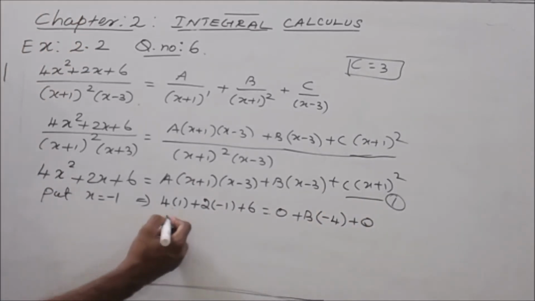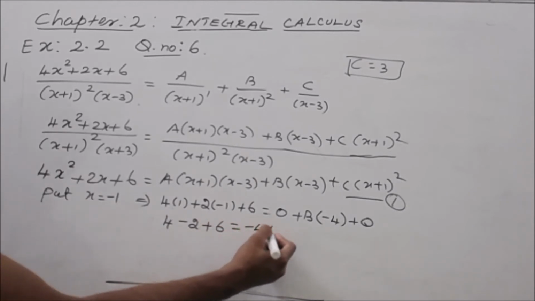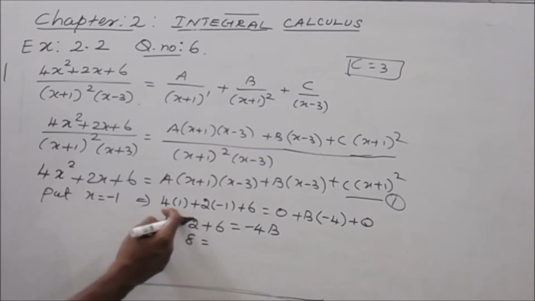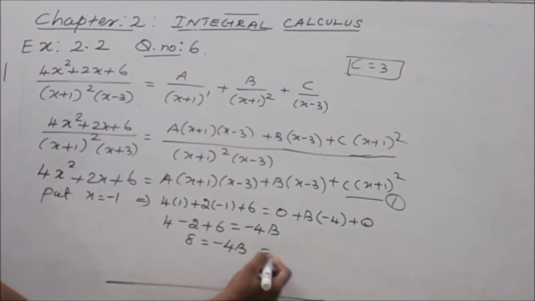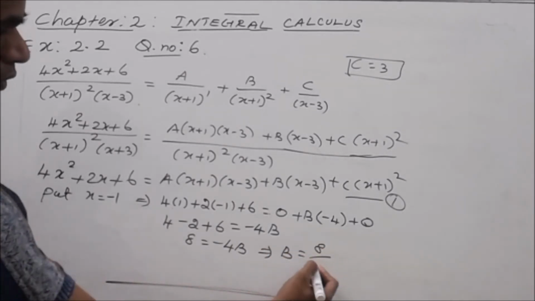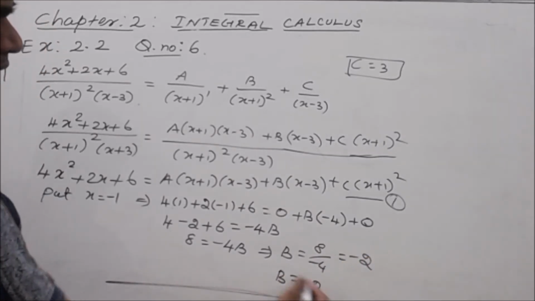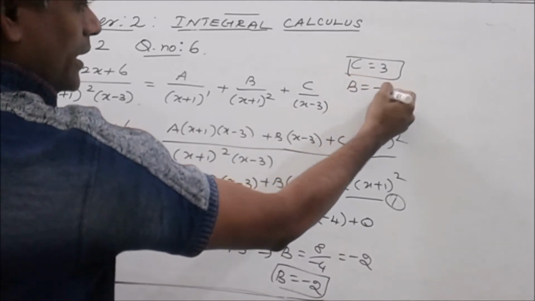So we get 4 − 2 + 6 = −4B. Simplifying, 4 + 6 = 10, minus 2 is 8, so 8 = −4B, which implies B = 8/(−4) = −2. Therefore, B = −2. We found the value of B.